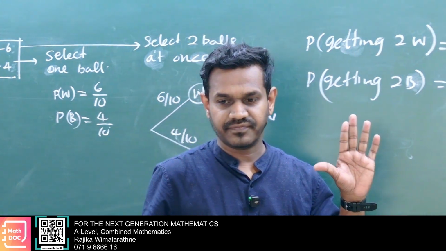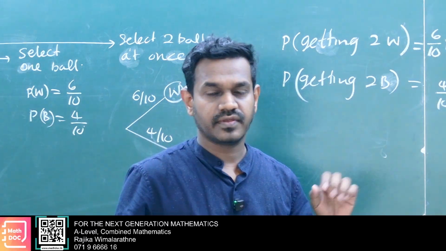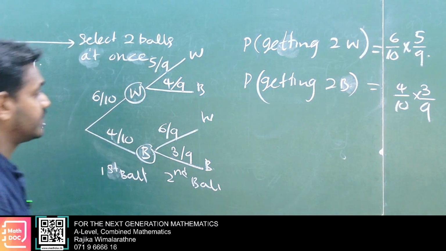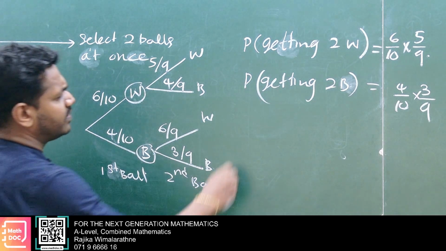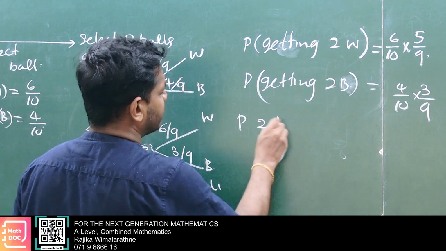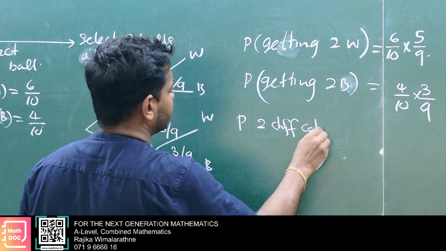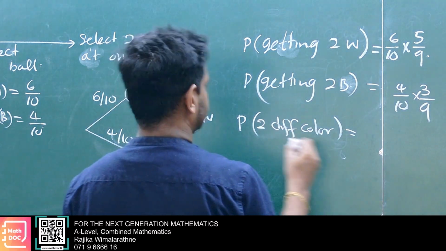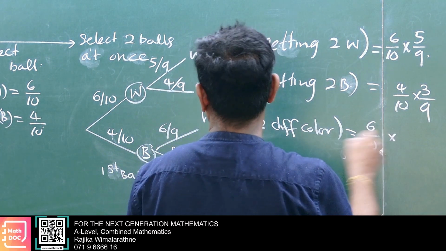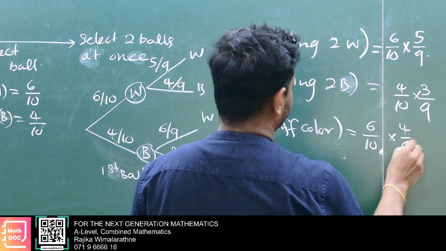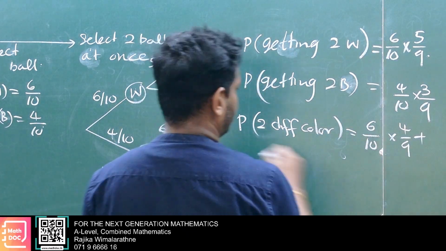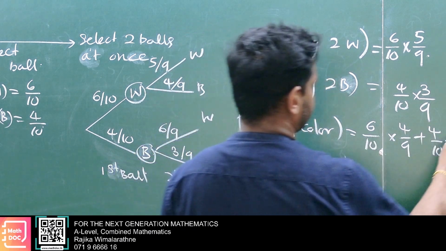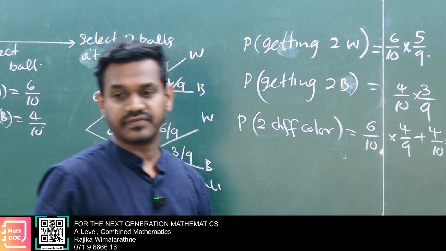Okay, do with me. P of 2 different colors. So here white, black, black, white: 6 over 10 times 4 over 9, plus 4 over 10 times 6 over 9.